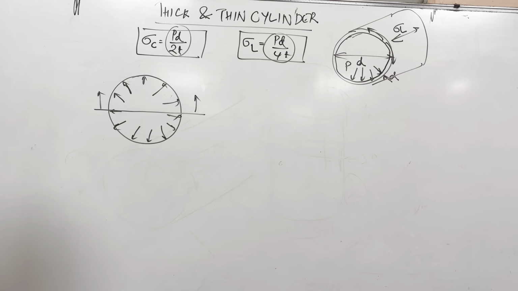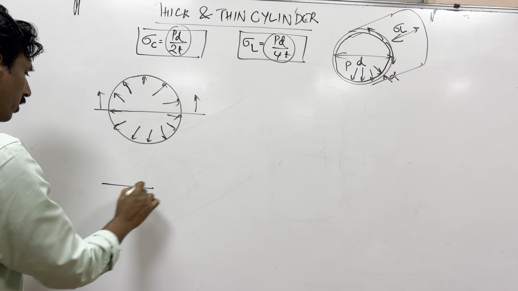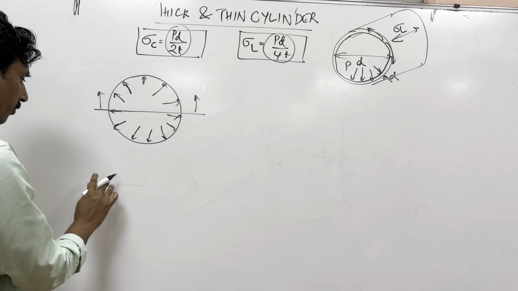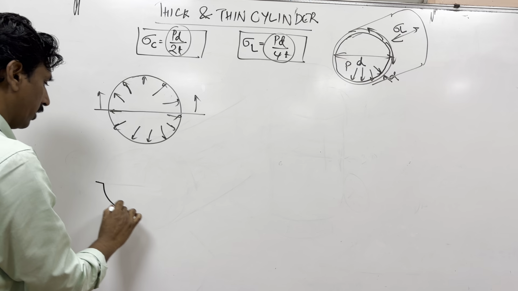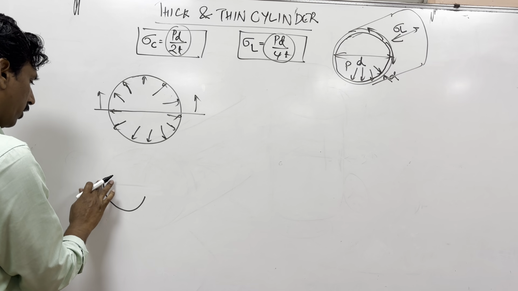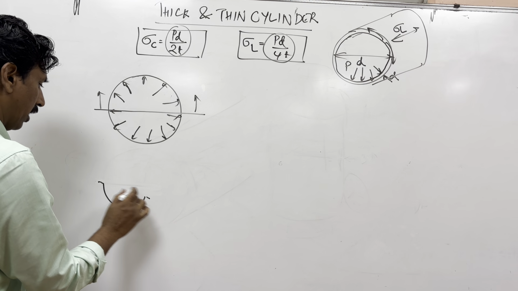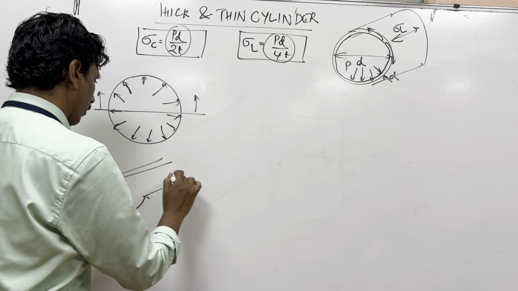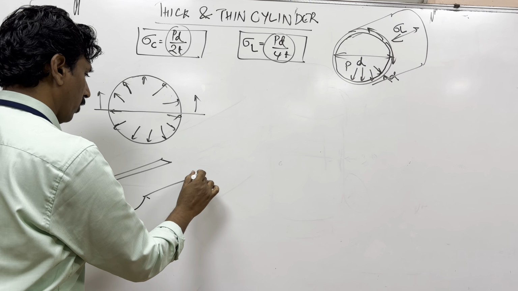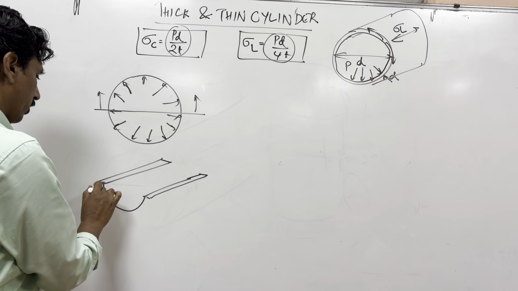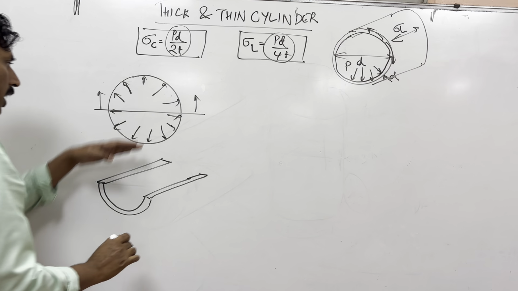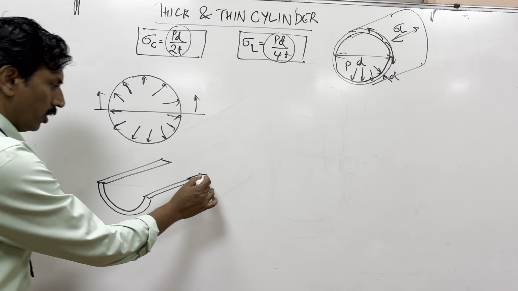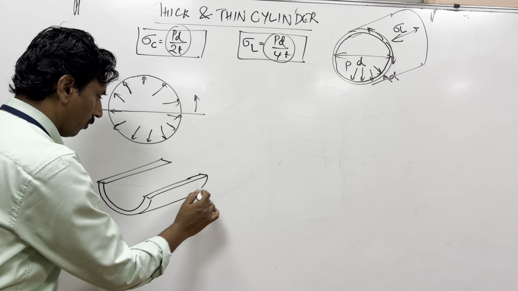When it tries to burst about this point, the cylinder has a thickness here like this. So I am trying to draw the half of the cylinder here, and the cylinder looks like this.